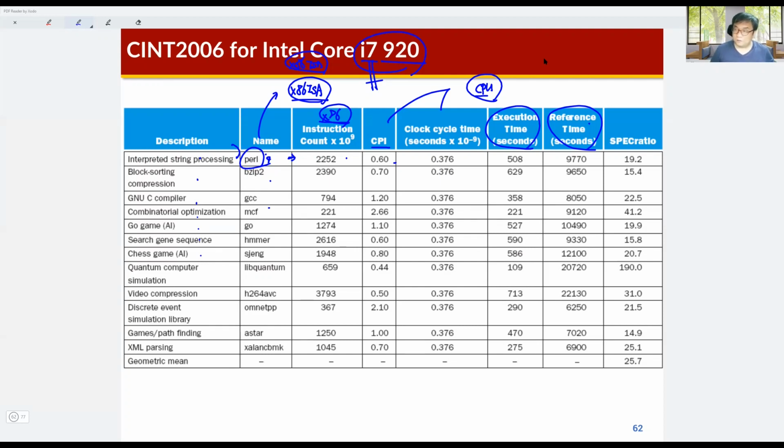The execution time of this CPU is compared with the execution time of the reference processor, that means the baseline processor. So the SPEC ratio is calculated for each SPEC benchmark. That's how we measure the performance with the SPEC Benchmark.